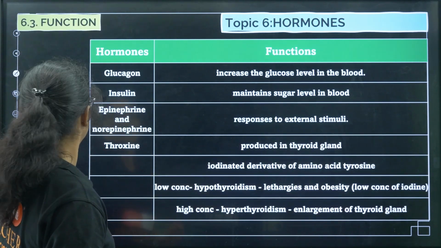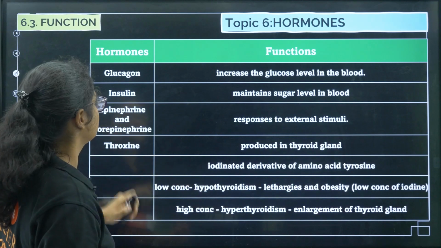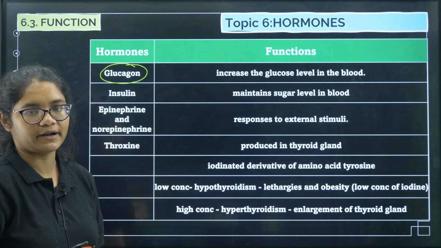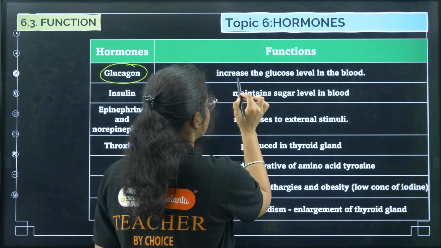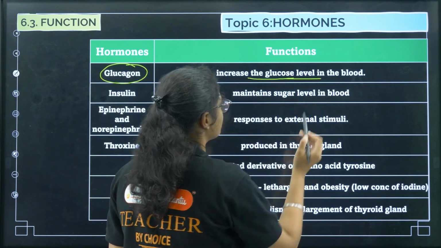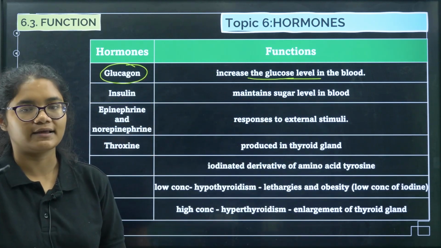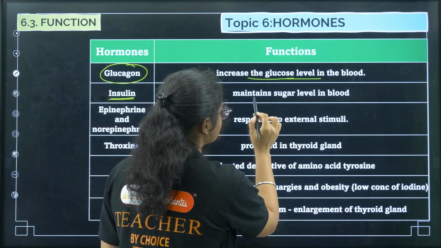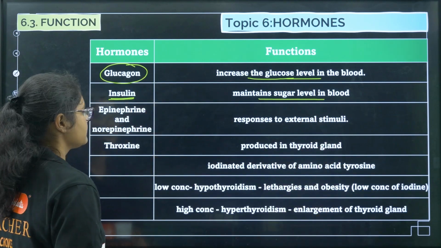Now if you see here, glucagon is a polypeptide, right? Its function is to increase the glucose level in the blood. Now insulin's role is to maintain the sugar level in the blood.